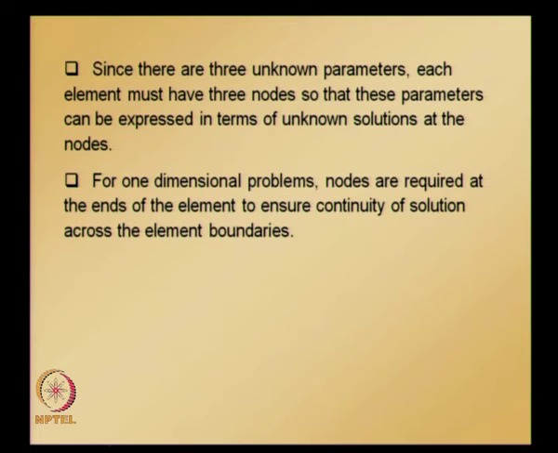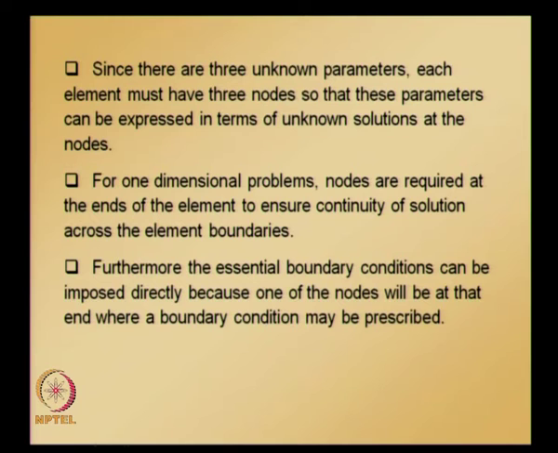For one dimensional problems, nodes are required at the ends of the element to ensure continuity of solution across element boundaries. Furthermore, essential boundary conditions can be imposed directly, because one of the nodes will be at the end where boundary conditions may be specified or prescribed.